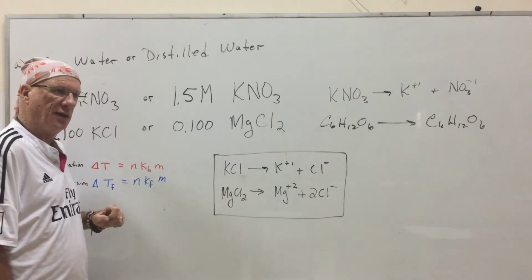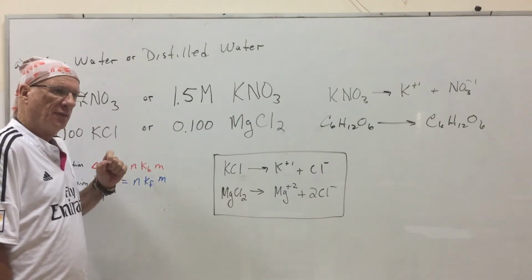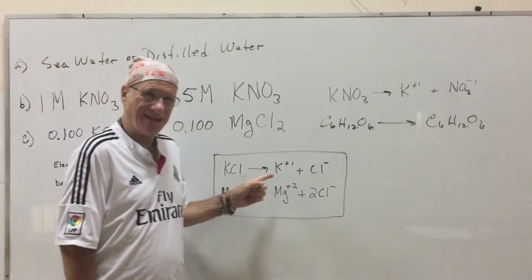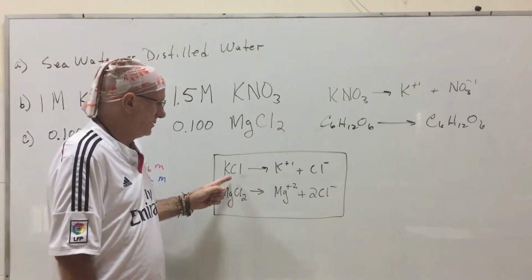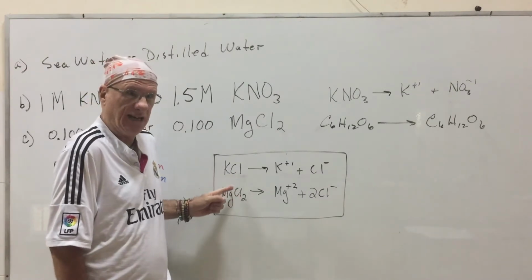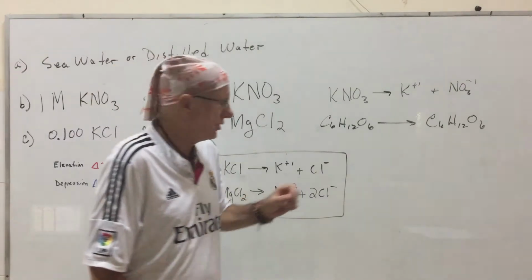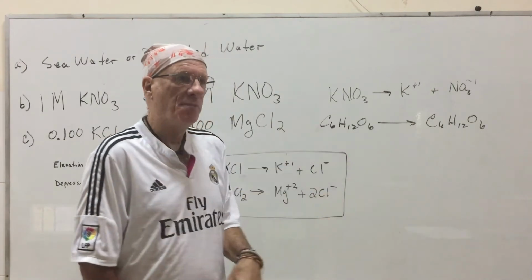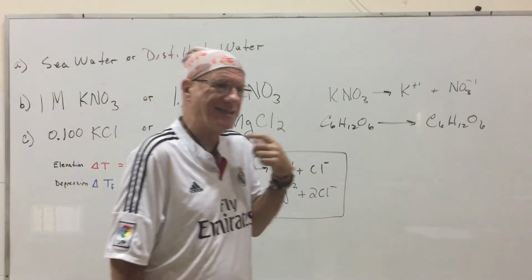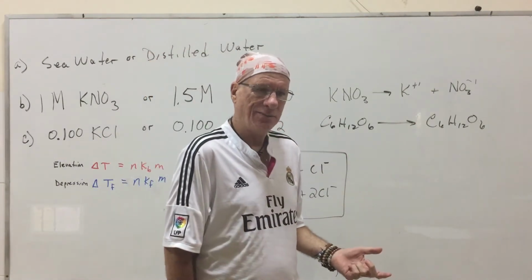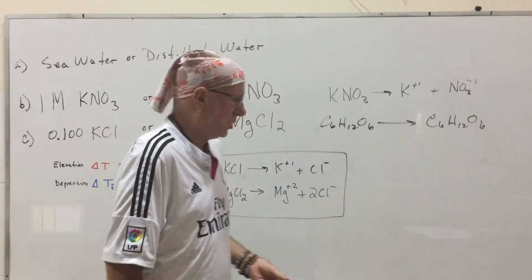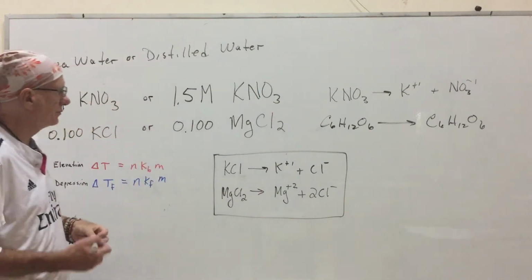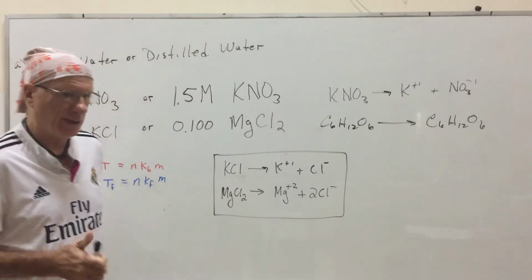If the substance that's dissolving, forming the solution, doesn't ionize, well, it can form a solution. Sugar can certainly form a solution. But if it forms a solution and does not ionize, then N is 1.